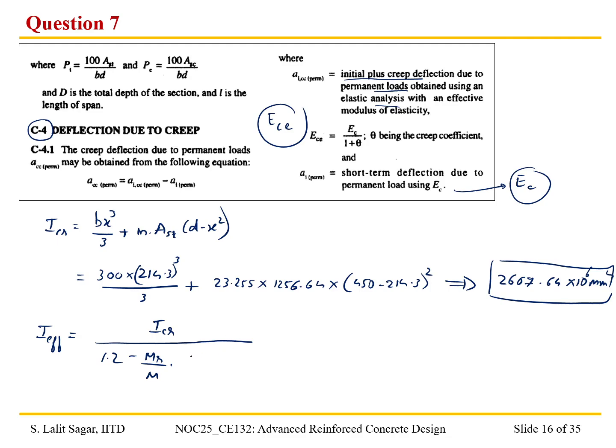Multiplied by Z by D into 1 minus x by D multiplied by BW by B, that I'm going to neglect over here because that is equal to 1. So what else do we need in this particular equation?